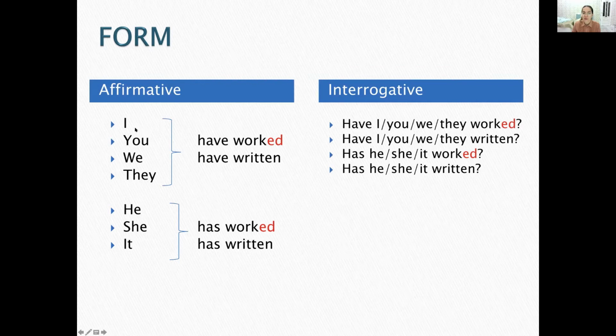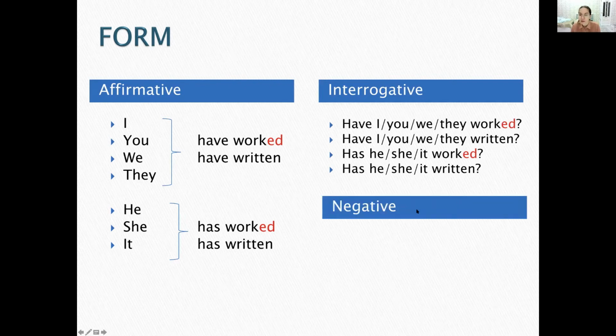For example, I have worked. Have I worked? You have written. Have you written? So first we use the auxiliary verb have, then the subject, then the past participle, then at the end a question mark, of course.